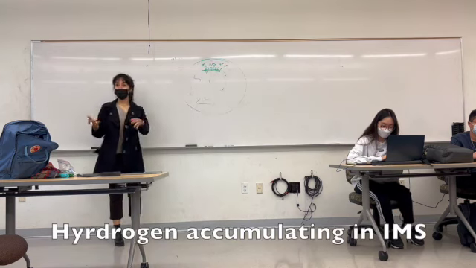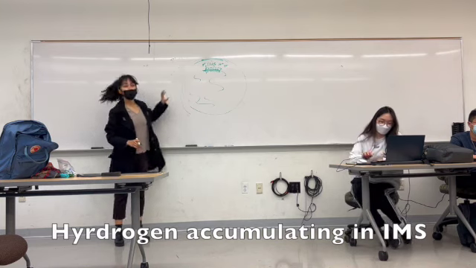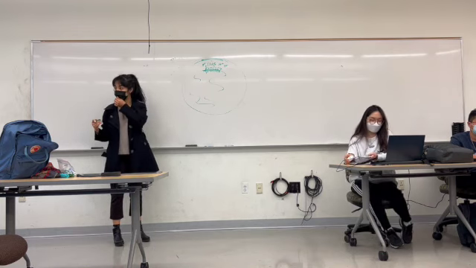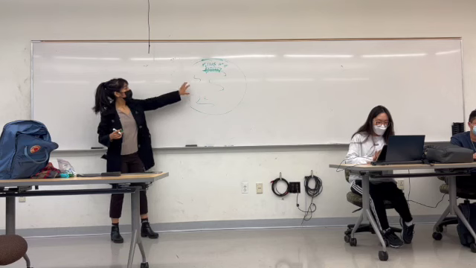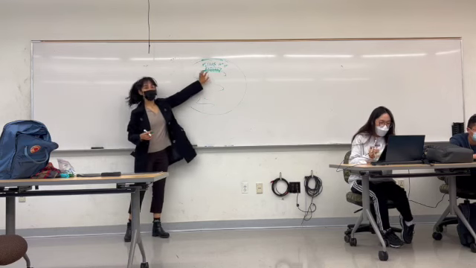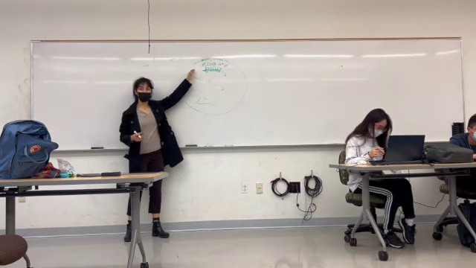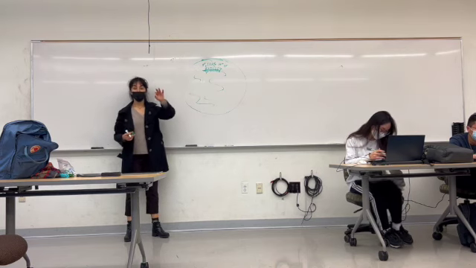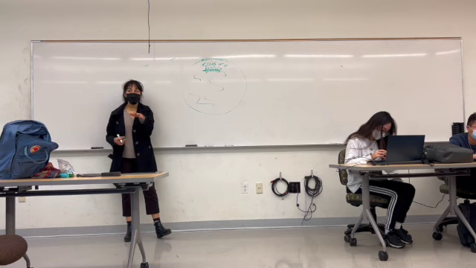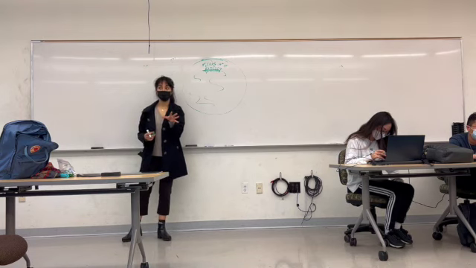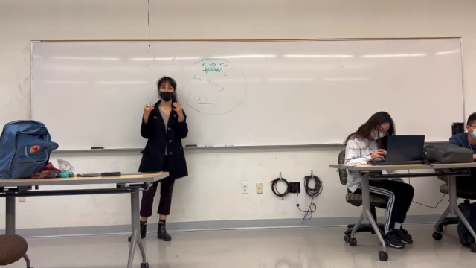So I just want to make clear where you're at when we're talking about electron transport chain. We are in the mitochondria, our complexes are on the inner membrane, and we are pumping hydrogens into the IMS. Just so you know, the IMS already has a lot of hydrogens. Keep that in mind, right?